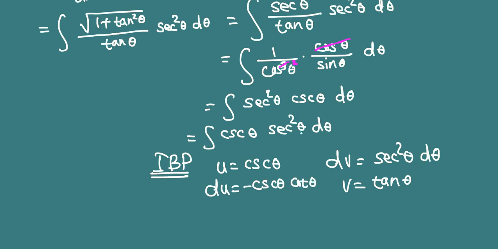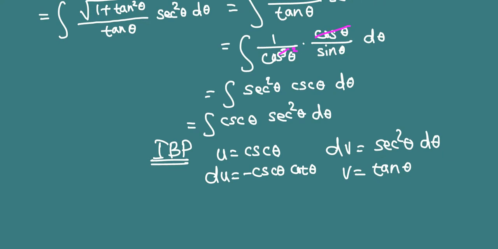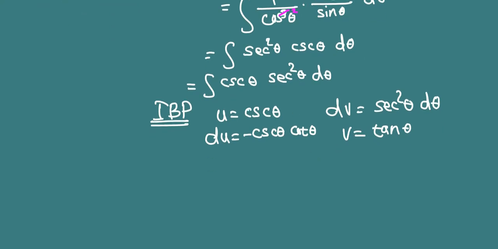This integration is not easy, it involves some work. Then integration by parts is always uv minus the integral of v du. That means cosecant theta tangent theta minus the antiderivative of v du. So du is the derivative of cosecant, which was negative cosecant cotangent times d theta.